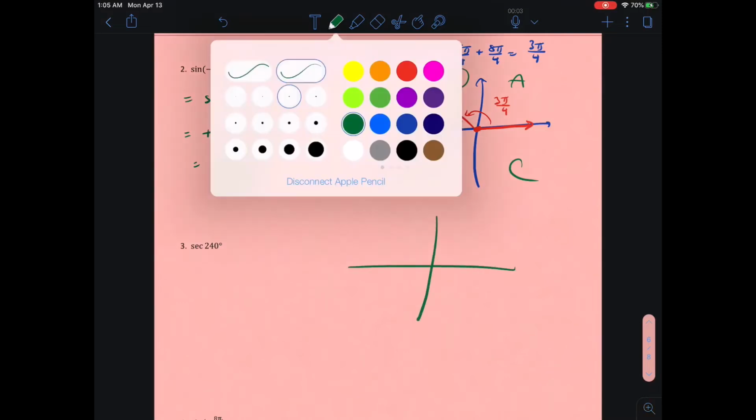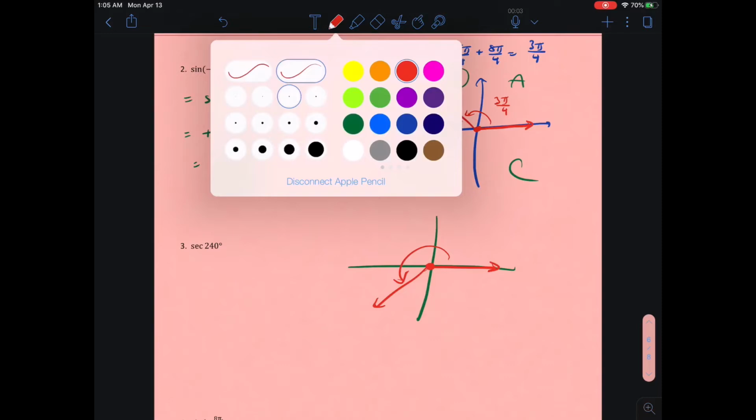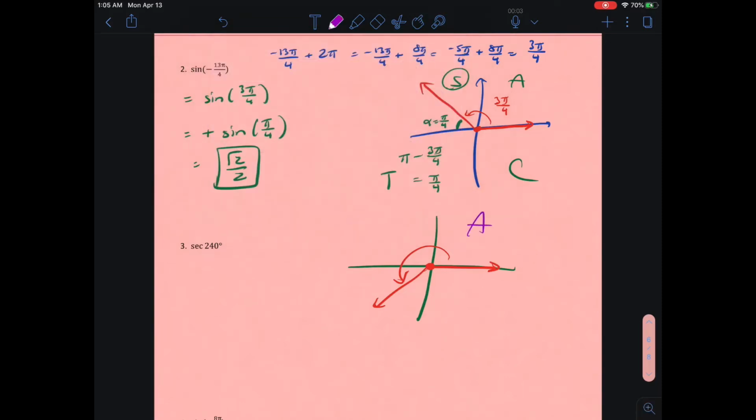So here we have secant of 240 degrees. Let's just draw this angle out. 240 degrees is an angle in quadrant 3. I'm going to write ASTC. I'm going to do this in a different order. Now, secant, by the way, we know is the reciprocal of cosine.